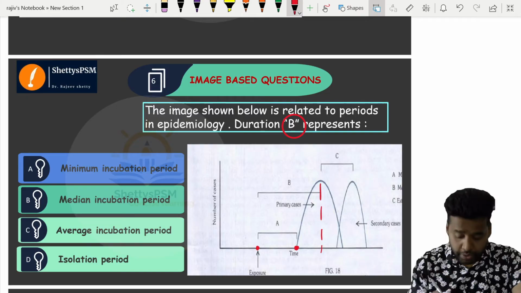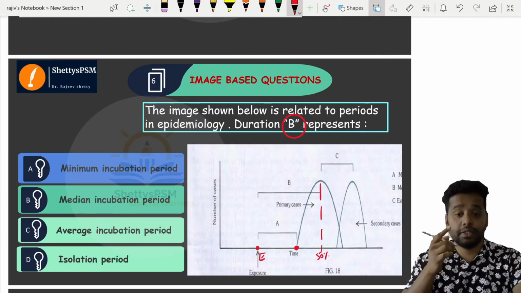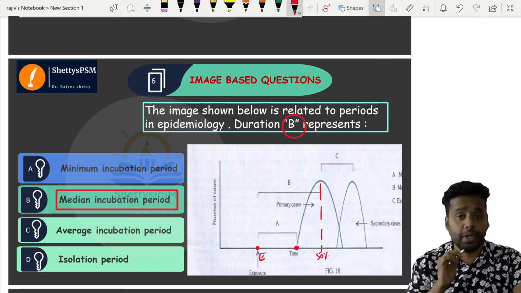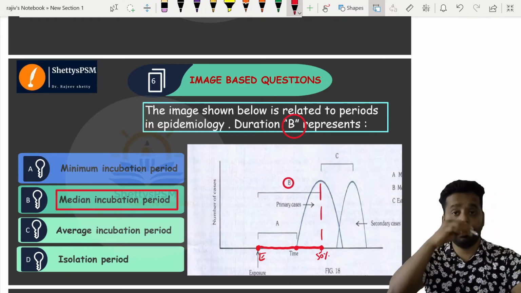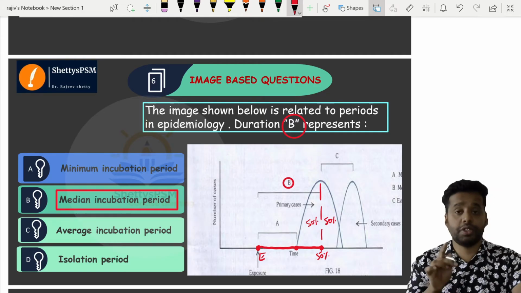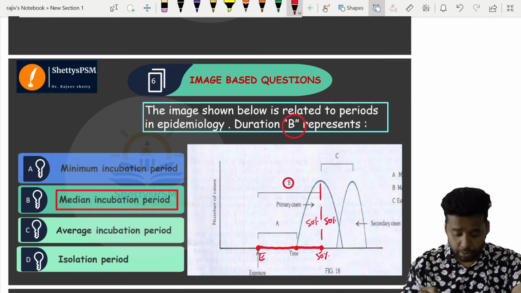So the answer will be median incubation period. What is the definition of median incubation period? Right from the point of exposure to 50% of the cases. If the whole wave represents 100%, 50% of cases lie on this side and 50% of cases lie on the other side. The question is on exposure to 50% of the cases: median incubation period.